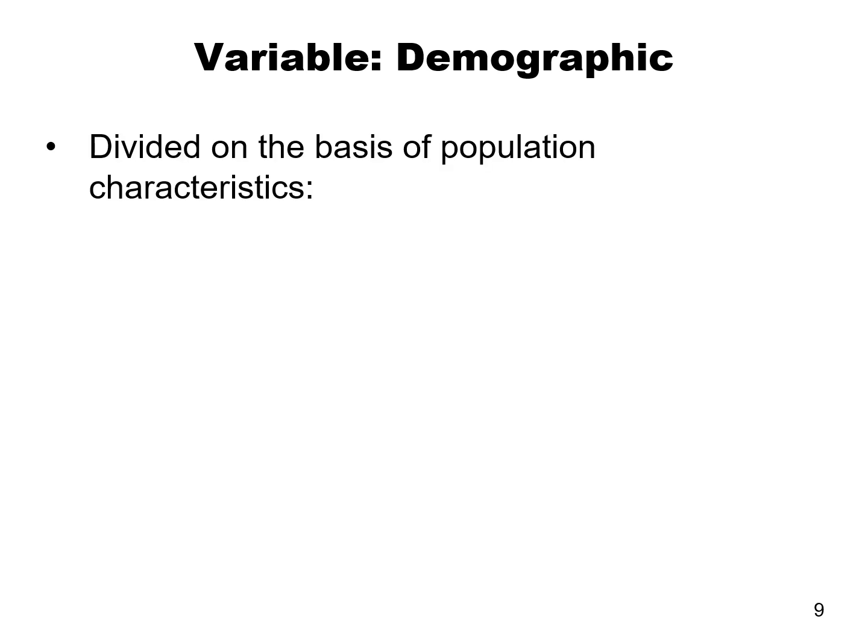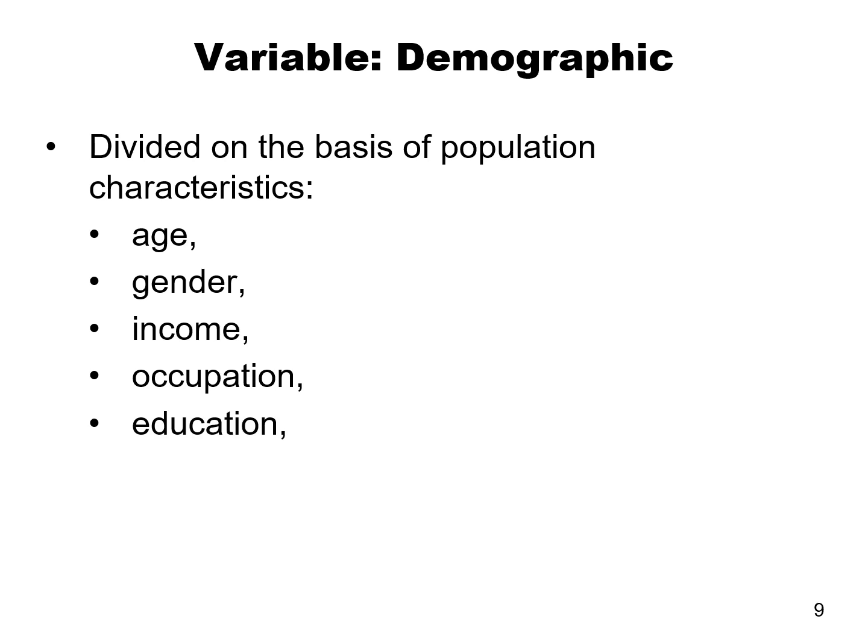Next, we look at the next variable, demographic. It divides on the basis of population characteristics, such as age, gender, income, occupation, education, family size, and family life cycle.